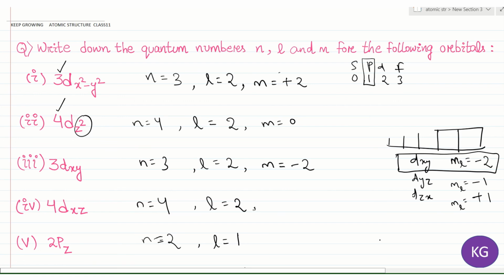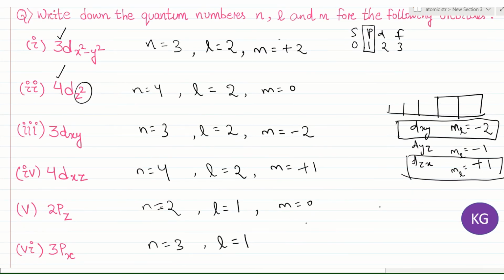For xz, or zx, this is the same, this is plus 1. For 2pz, this is 0. For px, this is plus 1.